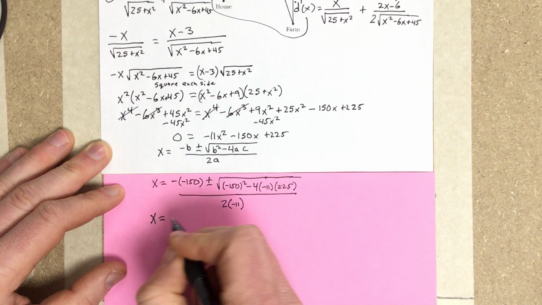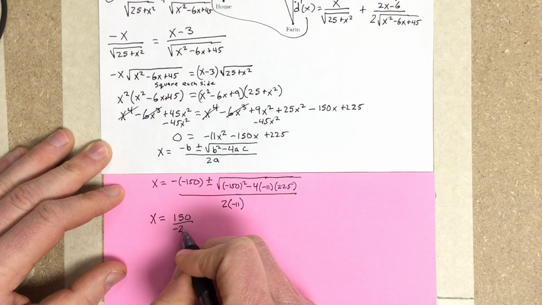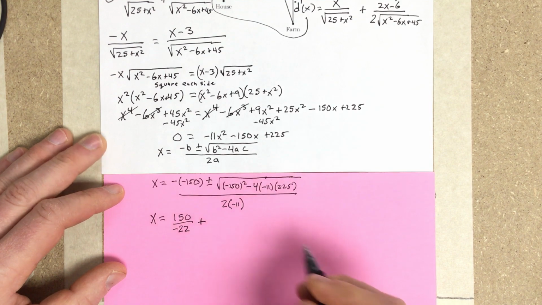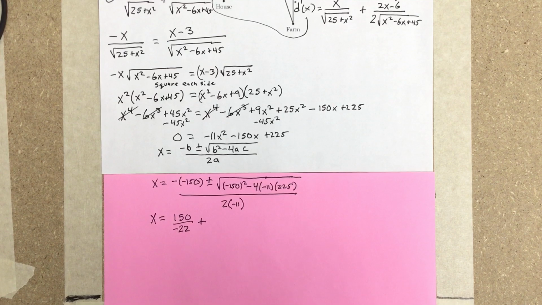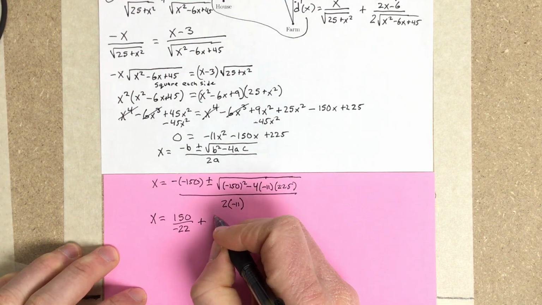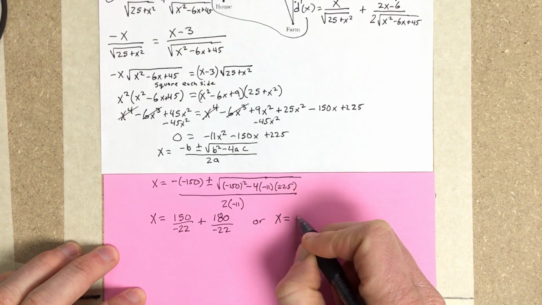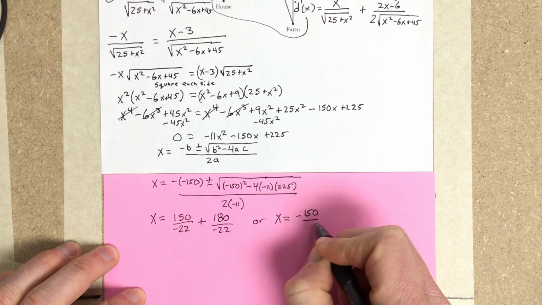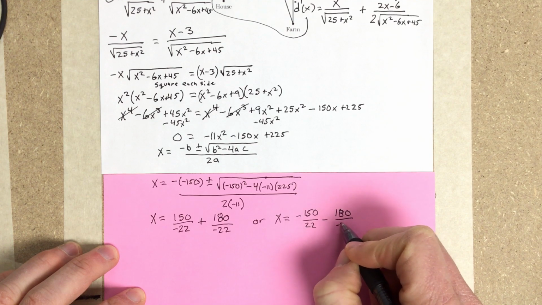So we end up with x is equal to 150 over negative 22 plus, and then we do 150 squared minus 4 times negative 11 times 225, and we get plus 180 over negative 22, or x is equal to 150 over negative 22 minus 180 over negative 22.